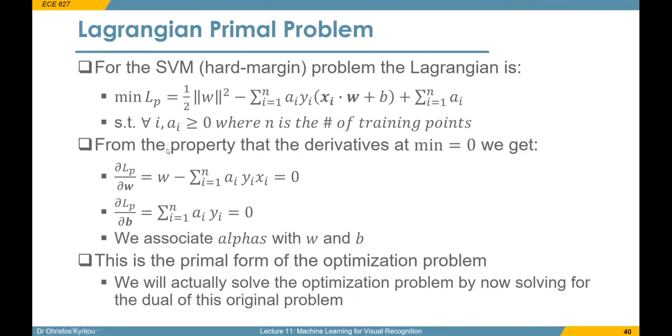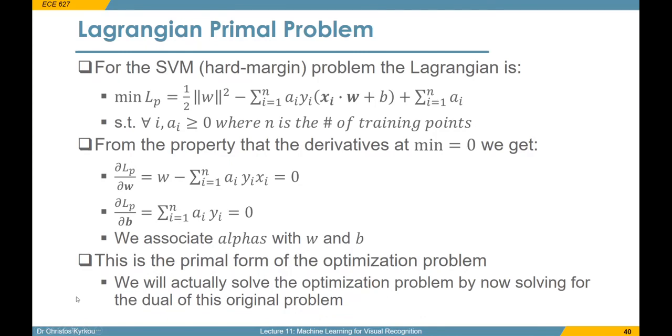The constraint then is that these alpha values have to be greater or equal to 0. To find the minimum, if we take the derivative and make it equal to 0, then we can associate the alpha values with the w's and the b's. So this is the primal problem, as it is called.